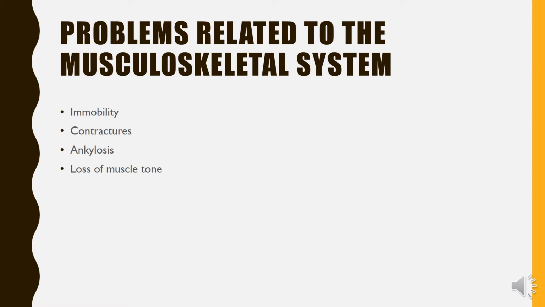So it is important to assist our patients with early ambulation and rehabilitation measures to ensure that they remain mobile. One thing that we can do is to actually perform goniometry, which measures the individual's range of motion.